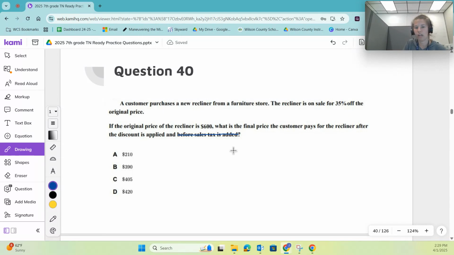So again, we take the original price, and it's a sale, so we're saving 35%, and we write our 35% as a decimal.